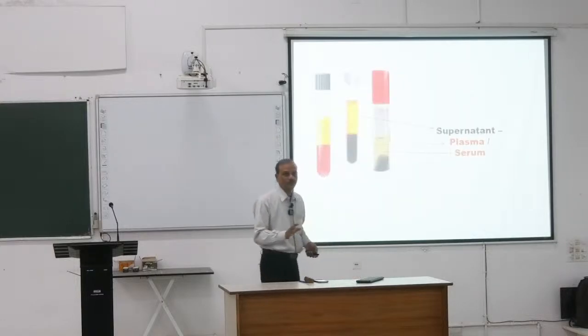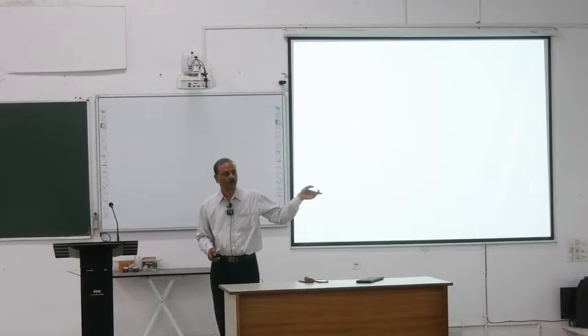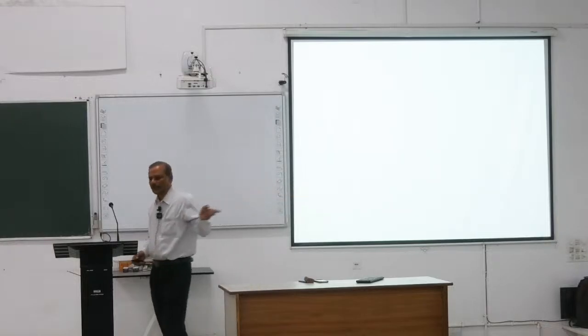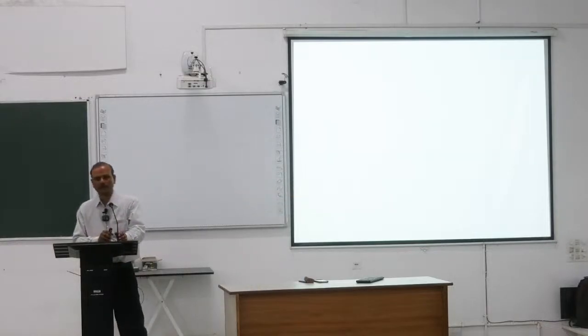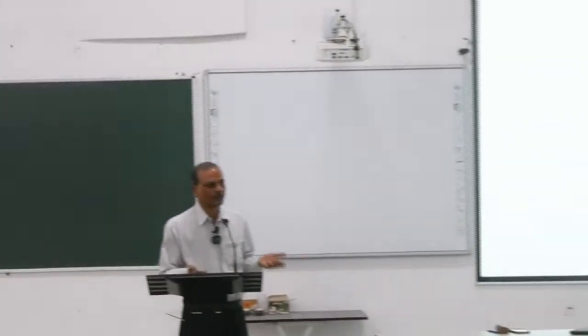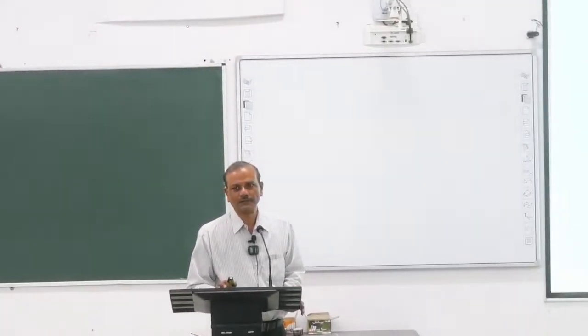I think we have come to an end. I started with this slide because in plasma, apart from this, a number of substances are present which can be measured. The topic is endless, and the biochemistry department is working on the detection of abnormal concentrations from blood or plasma.